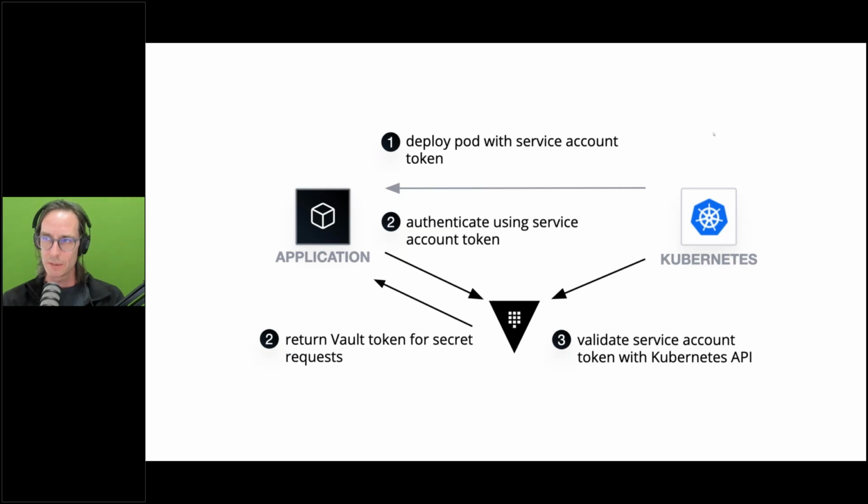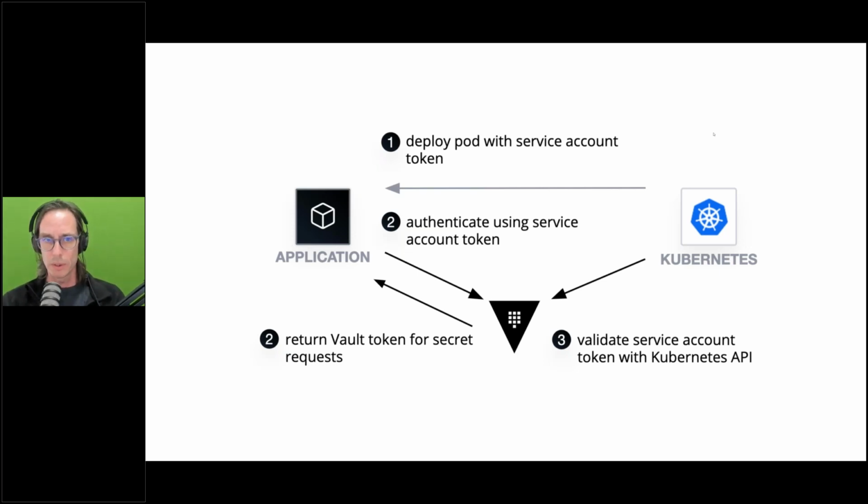Well, the way you do that is you configure Vault to be able to understand things like Kubernetes service accounts. A Kubernetes service account is a cryptographically verifiable thing, well, the token linked to a service account. So I can use a service account to tie things to Vault. This is what it's going to look like.